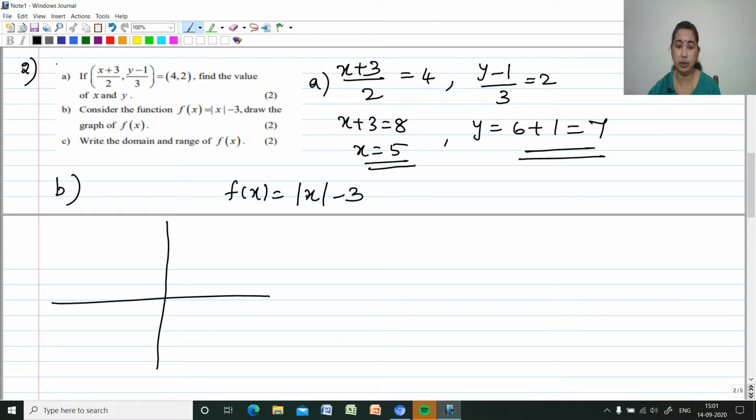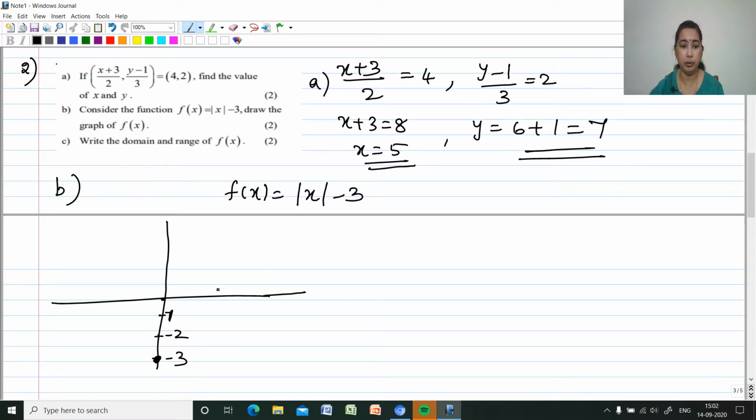X equal to 0 means y will be minus 3. So the point here is 0 comma minus 3.